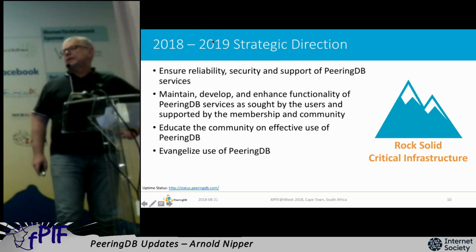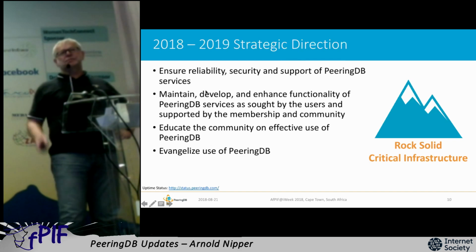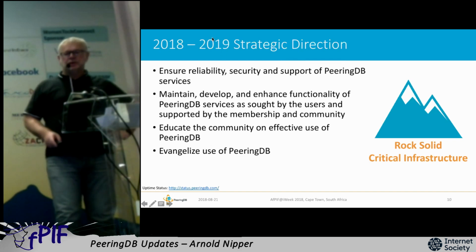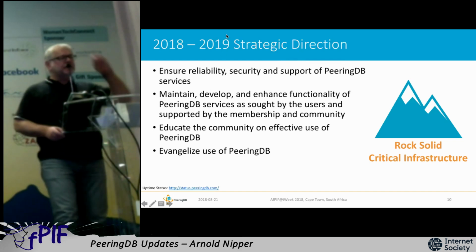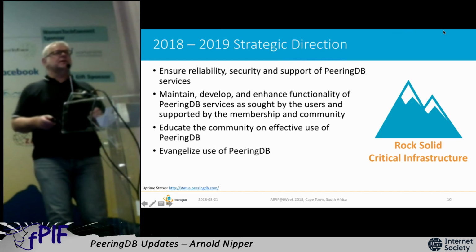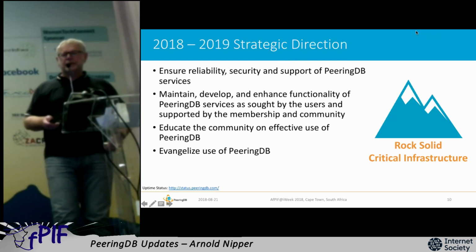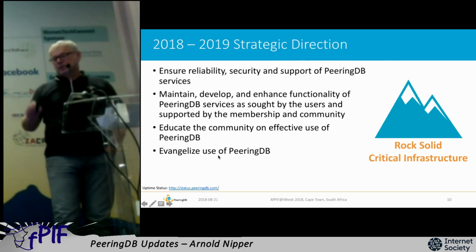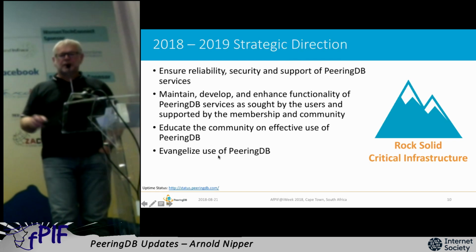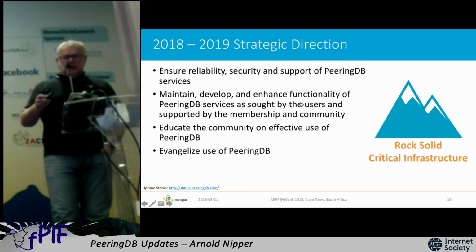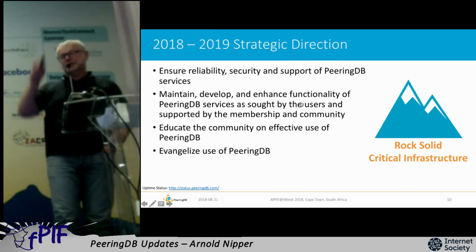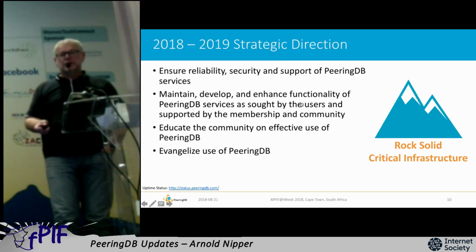We take care that PeeringDB is not only available this year, but also the year after. That means we also have to take care that there is proper funding. We want to develop and enhance the functionality of PeeringDB services, and also to spread the word. This is more or less what I already talked about. We want to strengthen relationships with other stakeholders in the community.